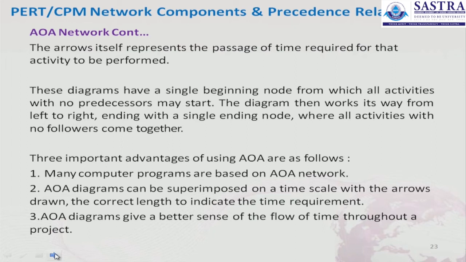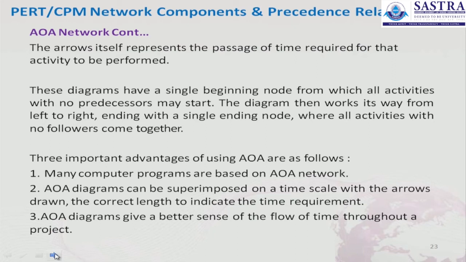These diagrams have a single beginning node from which all activities with no predecessors may start. The diagram then works its way from left to right, ending with a single ending node where all activities with no followers come together.